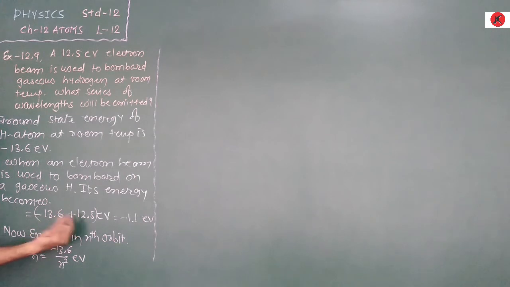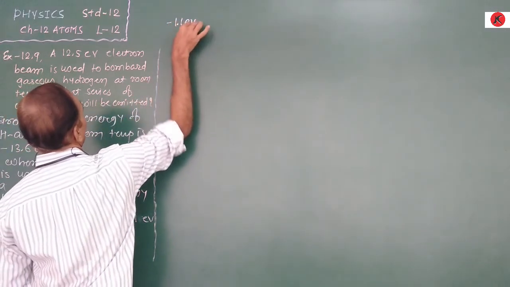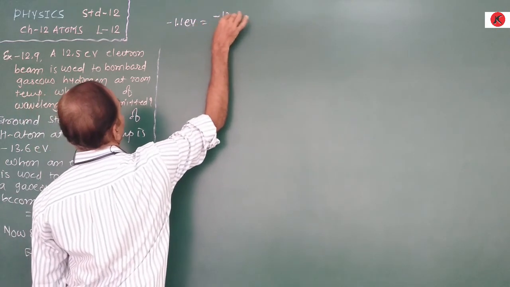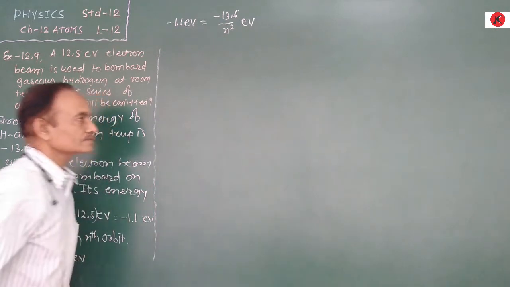But after the bombardment of the electron beam, the energy of the gaseous hydrogen is minus 1.1 electron volt. Therefore, minus 1.1 electron volt is equal to minus 13.6 upon n square electron volt.